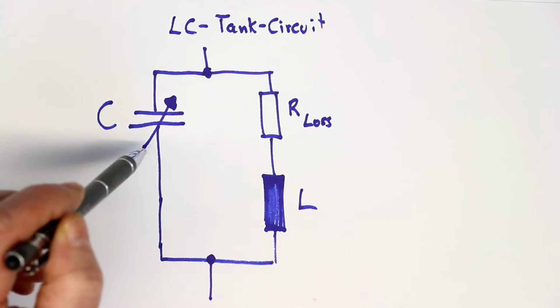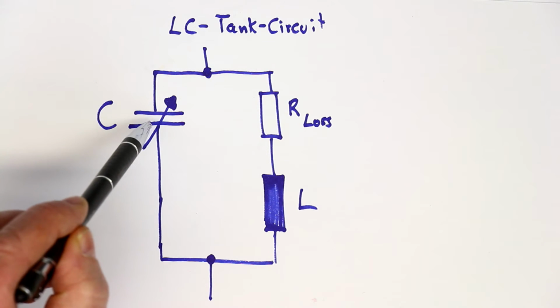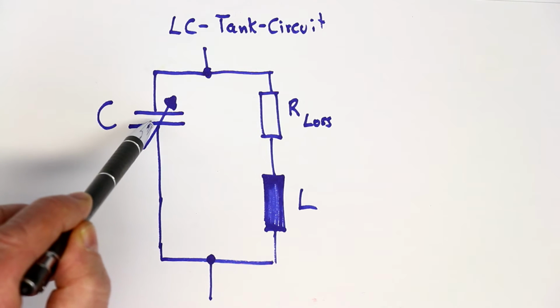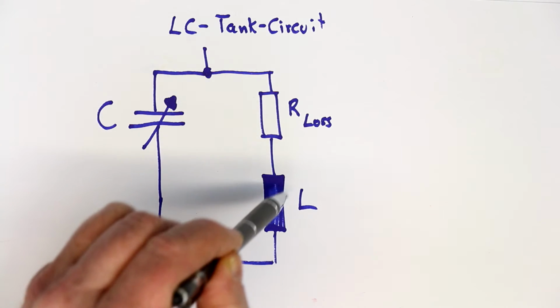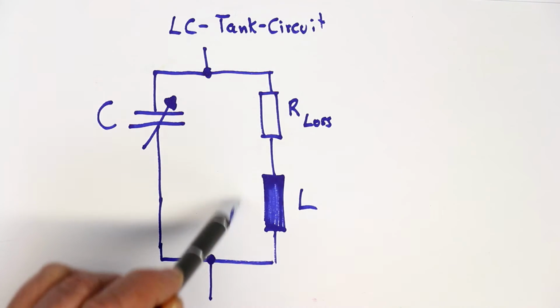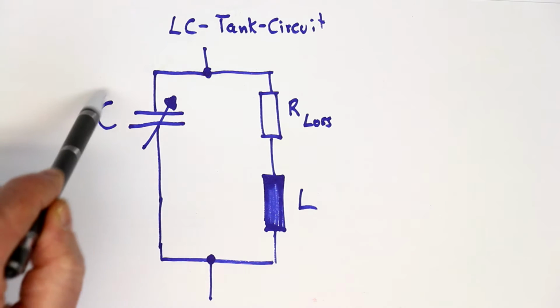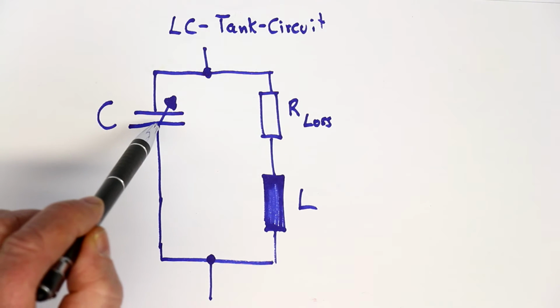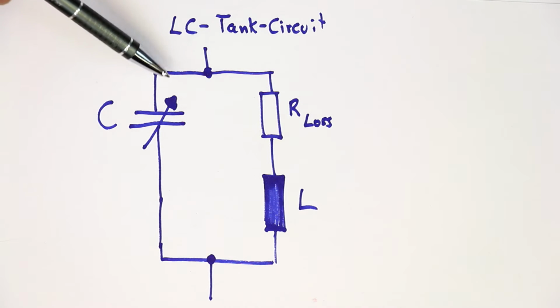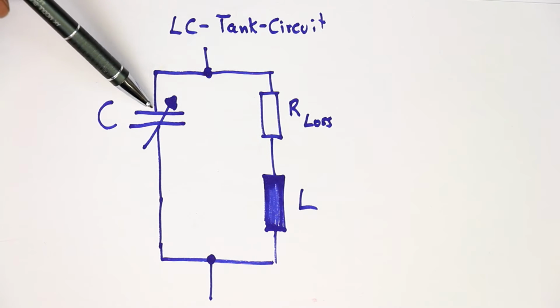To give you an imagination of how the losses work, remember that the current and the voltage is circulating here between magnetic energy in the inductor and electric energy in the capacitor. And let's, for example, take a frequency of 1 megahertz.